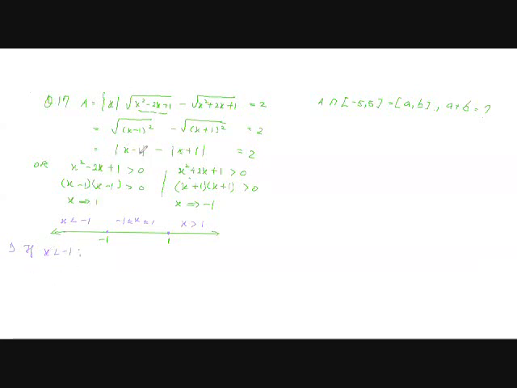Then from here, when you take the absolute value, it's going to be minus (x minus 1) minus (minus (x plus 1)) equal to 2. So simplify it: minus and minus become plus. So you have plus x plus 1 equal to 2. So x cancels, and we have 2 equal to 2. So this case works because they are equal.